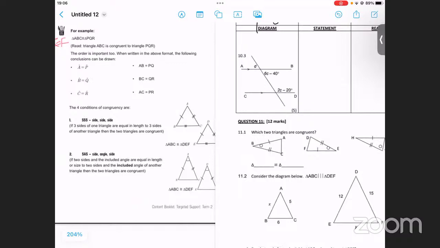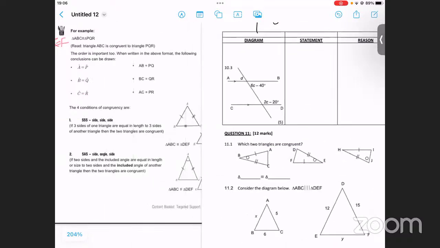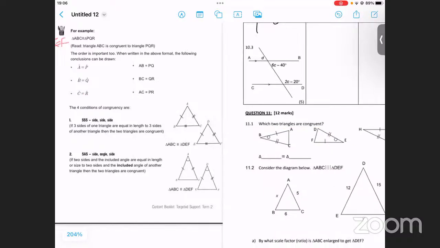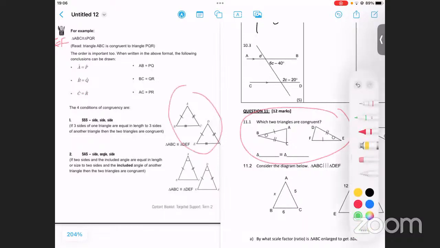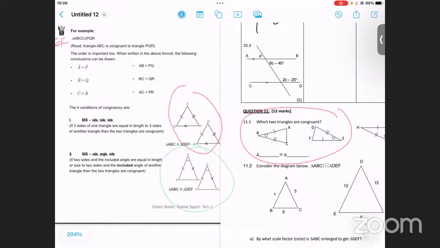Are these two angles looking like these ones, or do they look like these ones?